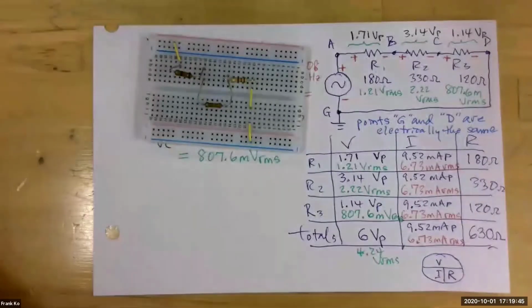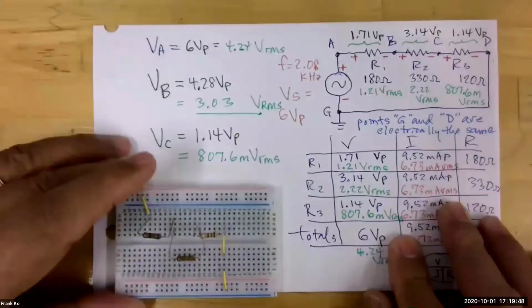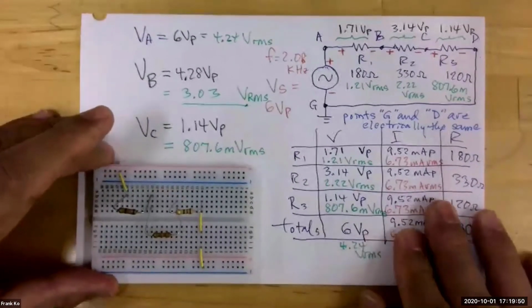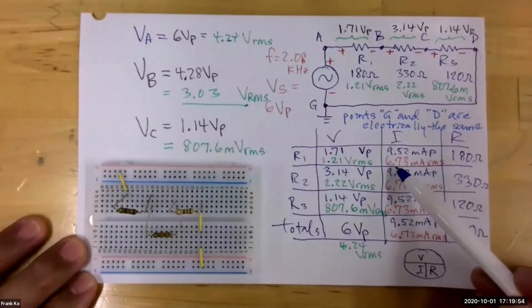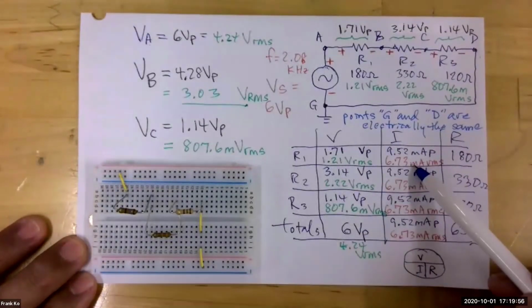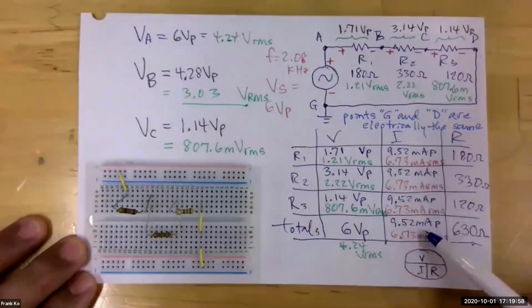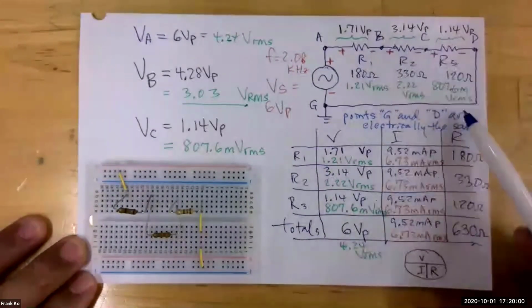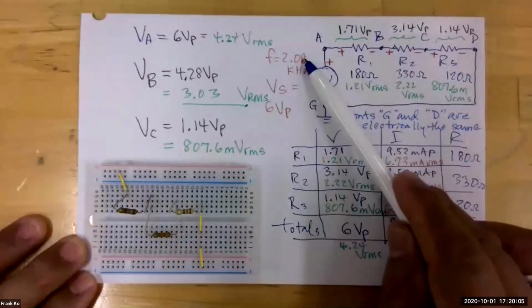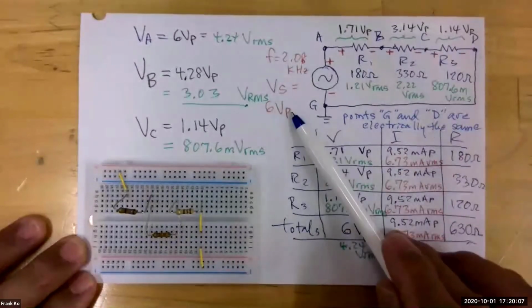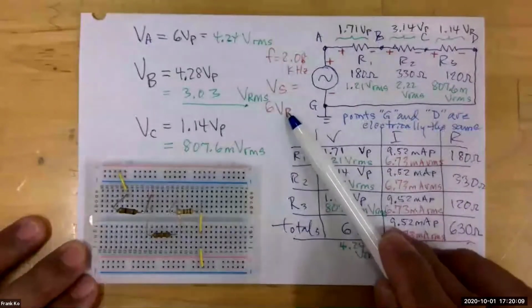And we're going to verify all of these things that we've calculated using real instruments. So we will verify our current in RMS by using a multimeter. Each one of these we will be able to verify by breaking the circuit open in different places. And we will verify the frequency using the oscope. We will verify the peak voltage by using the oscope.